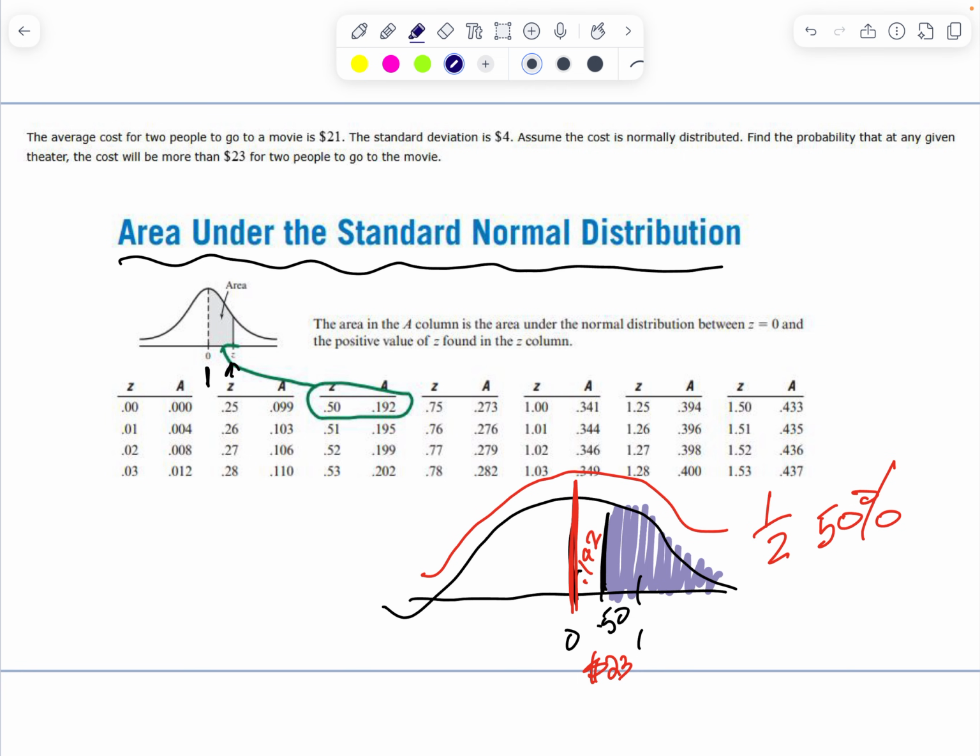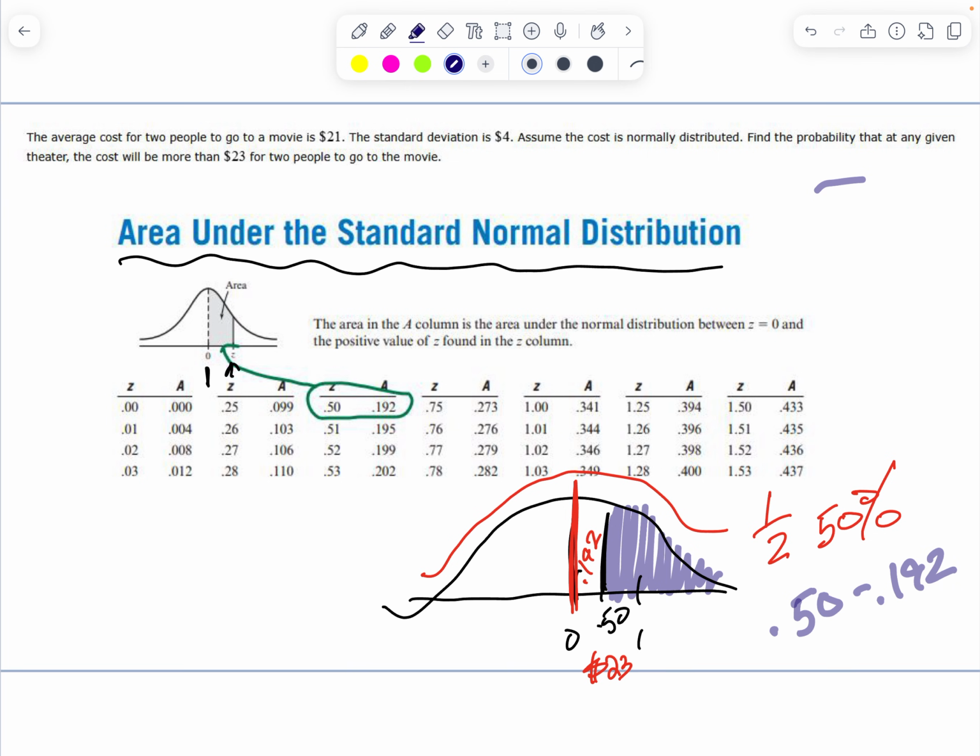All we're going to do is find the difference between 50% and 0.192. If you take 0.50 and subtract out 0.192, that should give us the probability that at any given time you're going to pay more than 23 bucks for 2 people to go to the movies.